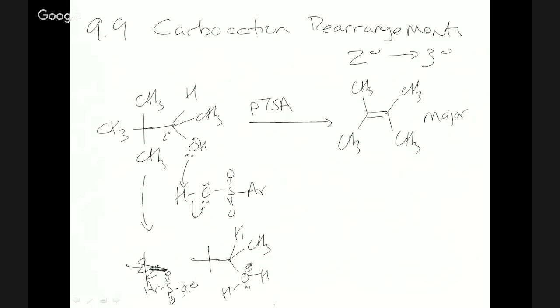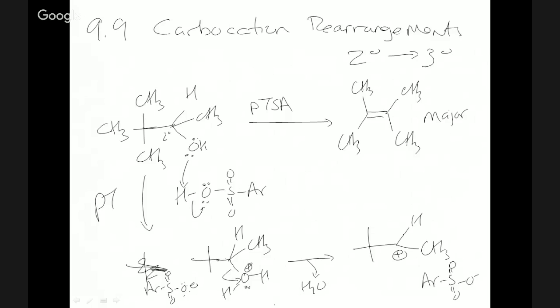So that's the same thing. The next step is the same. We lose water. Again, you can say minus water, or you can show an arrow with loss of water. What do we get? We get our carbocation. Again, the sulfonate is there. So that's the same first two steps. Proton transfer, PT, minus water gives you a carbocation.